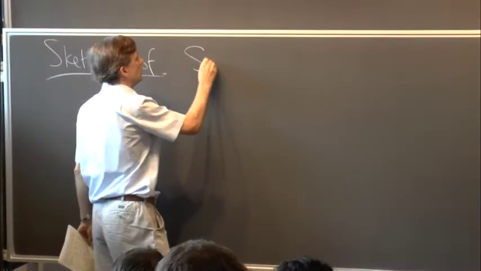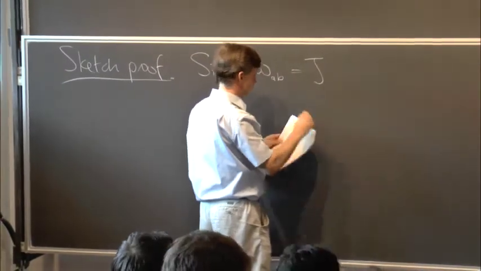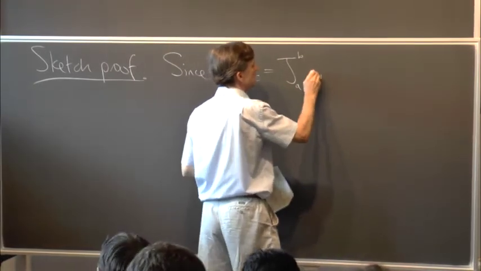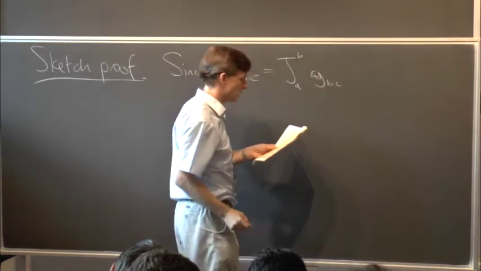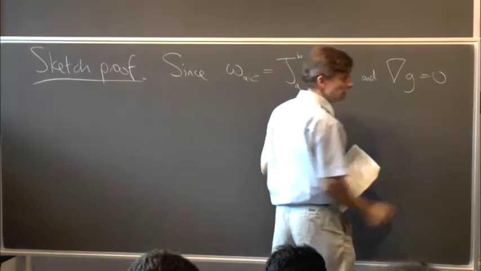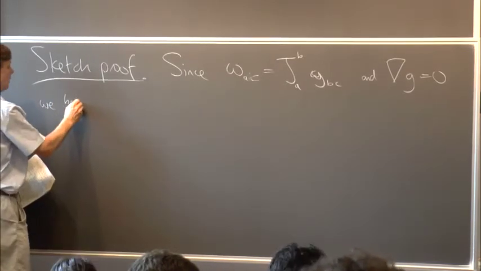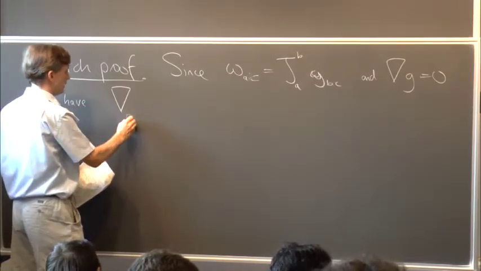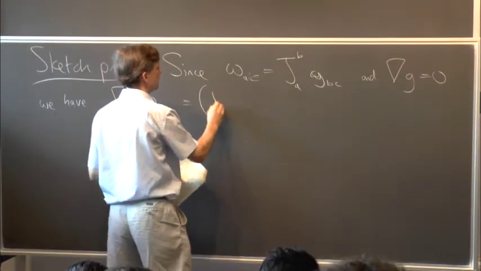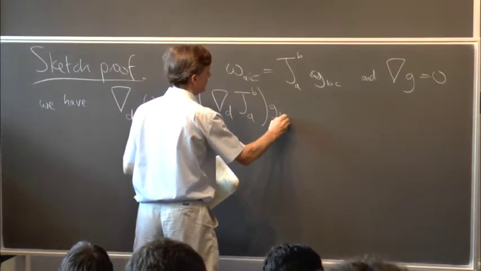Since omega_AC is J_A^B g_BC, and nabla of g is 0 by the definition of the Levi-Civita connection, we have that nabla_D omega_AC is equal to (nabla_D J_A^B) g_BC.